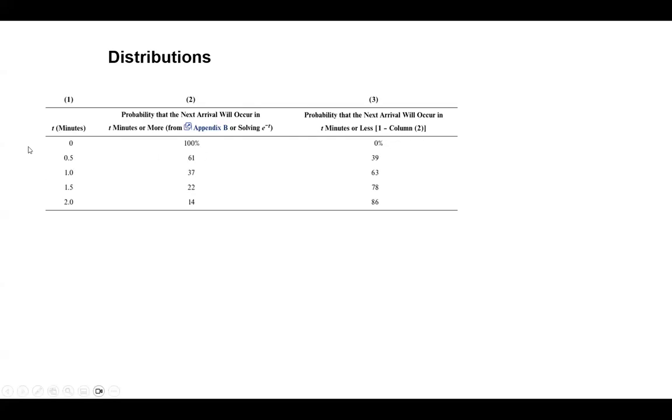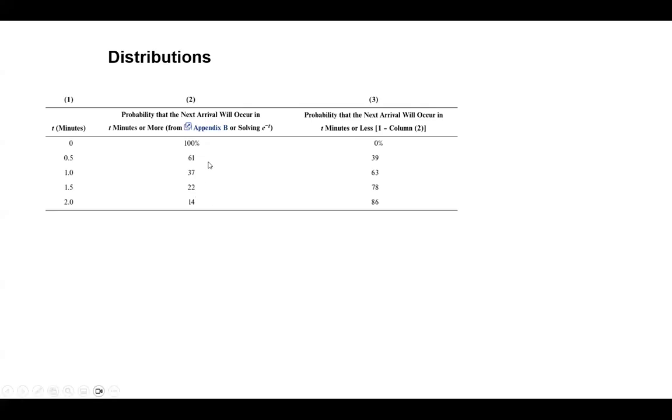And then 0.5 minutes, which is 30 seconds. It means for the following 30 seconds, you have 61% that the customer will not arrive, which means you have 39% that in the next 30 seconds you will have the next customer.